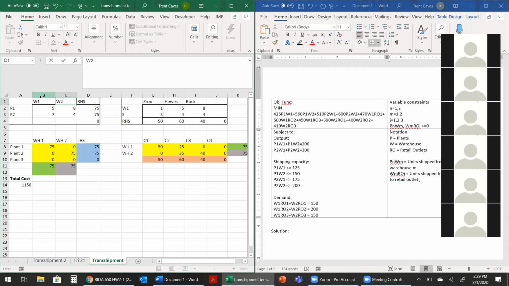And you'll notice as you change them in the first section, they automatically update in the second section. That's a benefit of using formulas. And then our retail outlets are across the top.